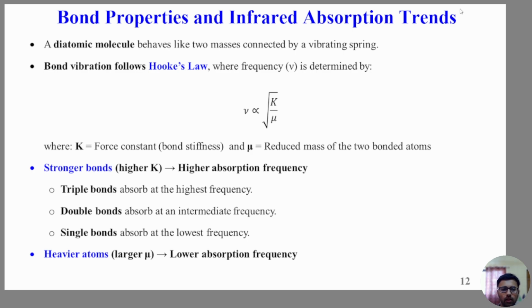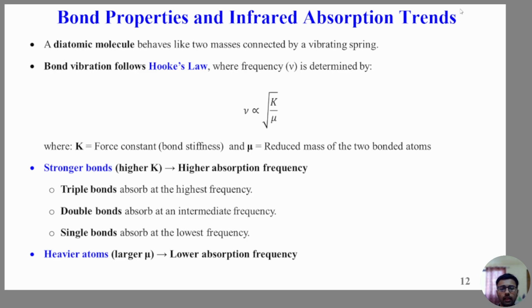For example, carbon single bond carbon typically absorbs near 1200 centimeter inverse. Carbon double bond carbon absorbs around 1650 centimeter inverse. Carbon triple bond carbon absorbs even higher, around 2100 centimeter inverse. The stronger the bond, the higher the frequency of vibration.